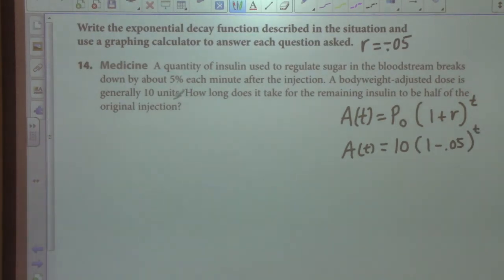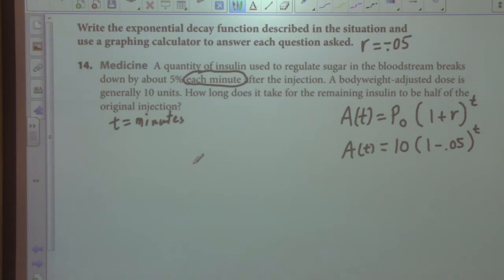And then it says t equals what? 5 minutes, right? In other situations this will be days or years, depending on the application. But just look here: 5% each minute. That's the giveaway that minutes is what t is standing for.